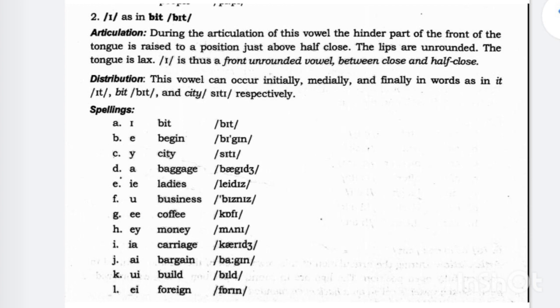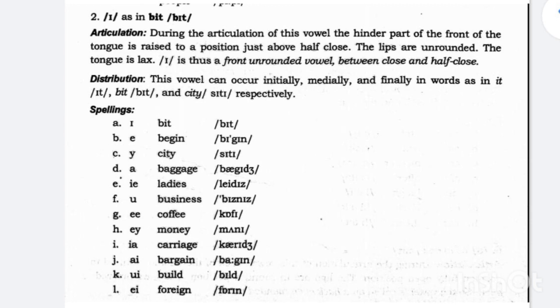Coffee. Here, twin E's symbolize the E vowel sound, coffee. Next one, money. Here, EY, these two letters, stand for the vowel sound E. Another word, carriage.